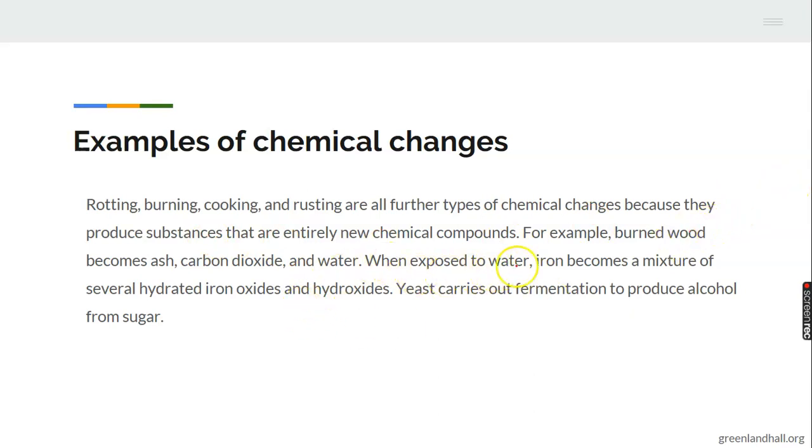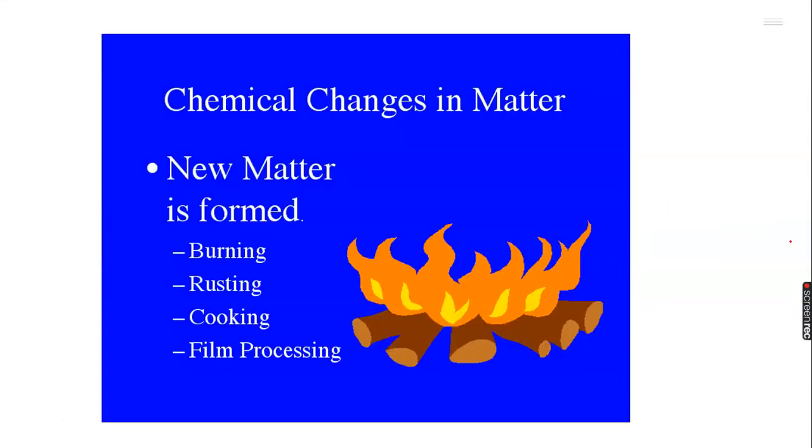Okay, when exposed to water, iron becomes a mixture of several hydrated iron oxides and hydroxides. Yeast carries out fermentation to produce alcohol from sugar. So these are chemical changes in matter. New matter or new substance is formed.